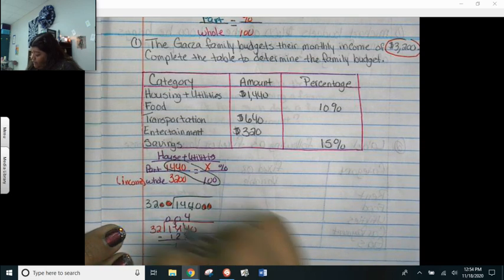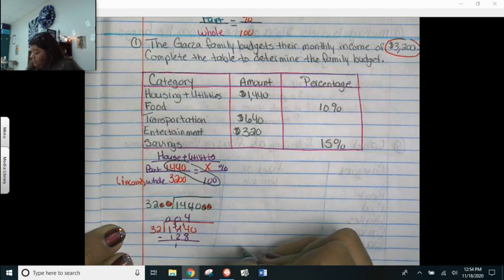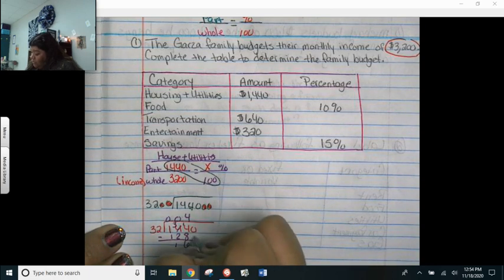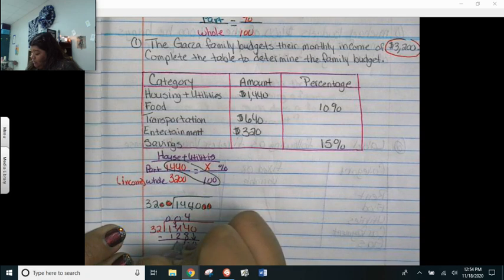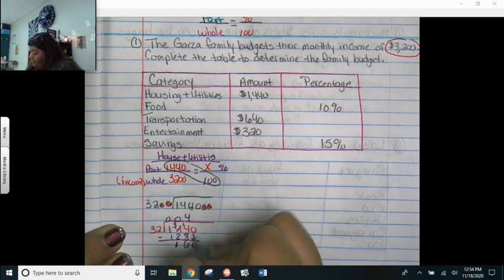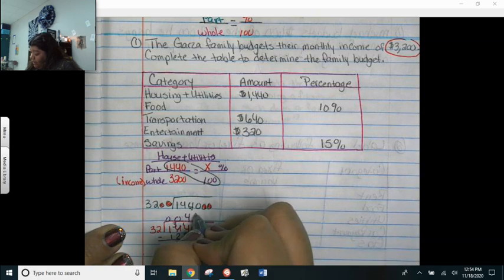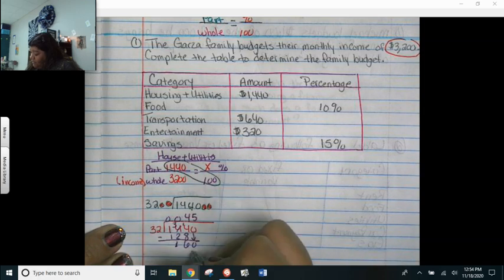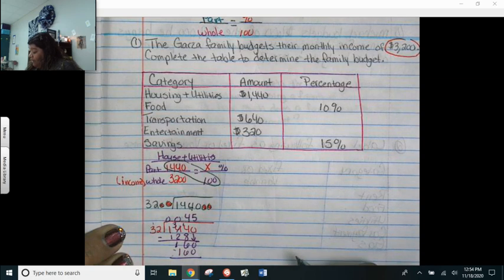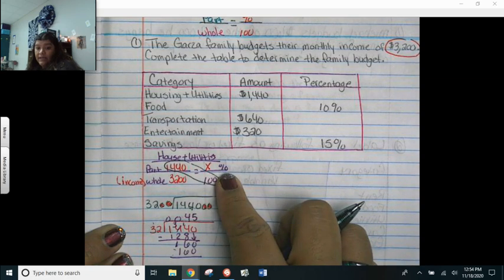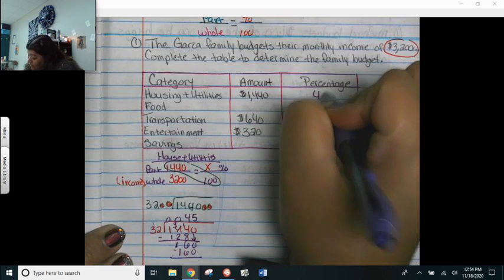That's 1 left over there, 16. I'm just making sure because I have been off on that. All right, and bring down the 0. 32 into 160 is 5 times. 5 times 2 is 10. Ooh, nice. 45. So since my answer is going to be percentage, I can say this is 45%.